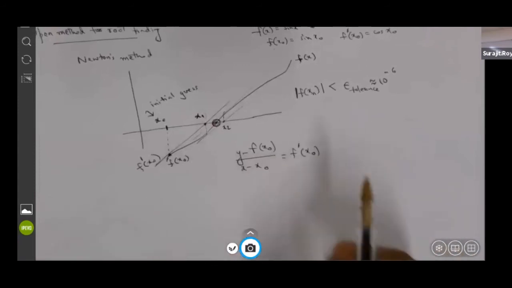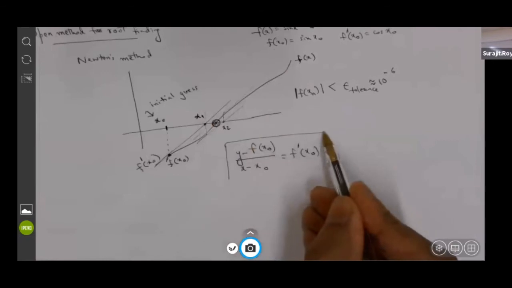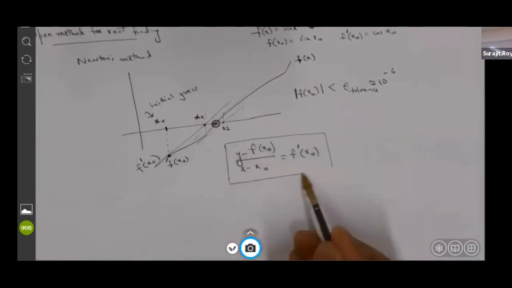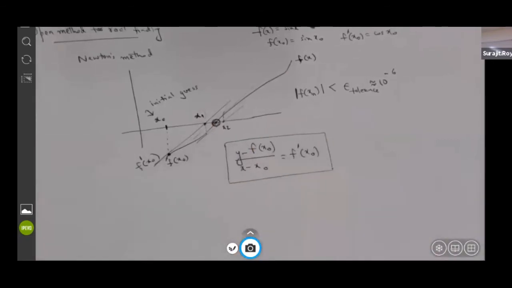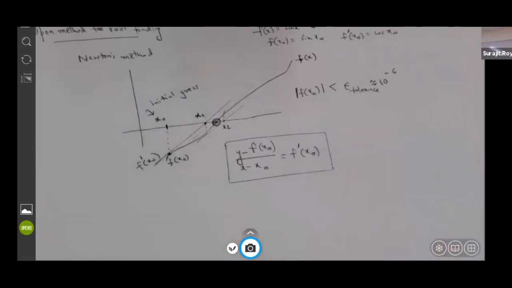Let me know if you are understanding this expression or this equation. And let me know if you have not followed it. Is this expression clear to everybody here? I would appreciate any response, any feedback.